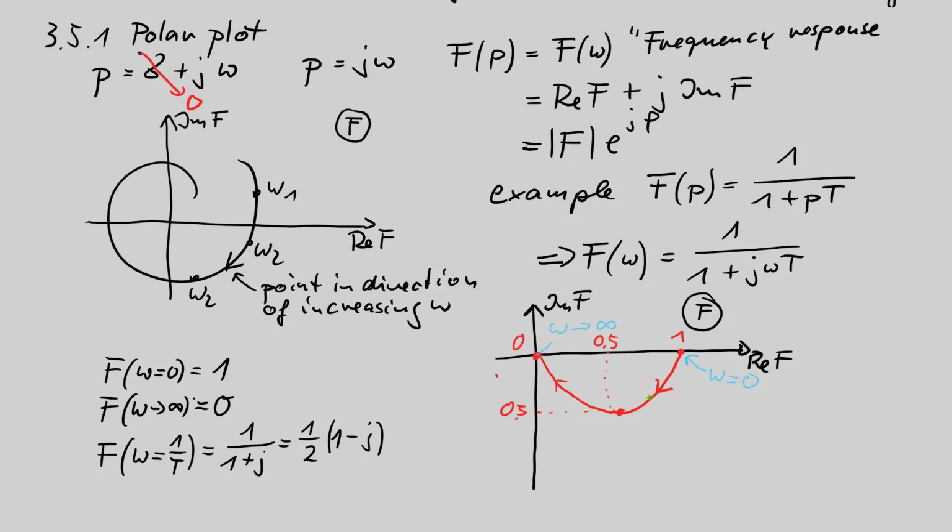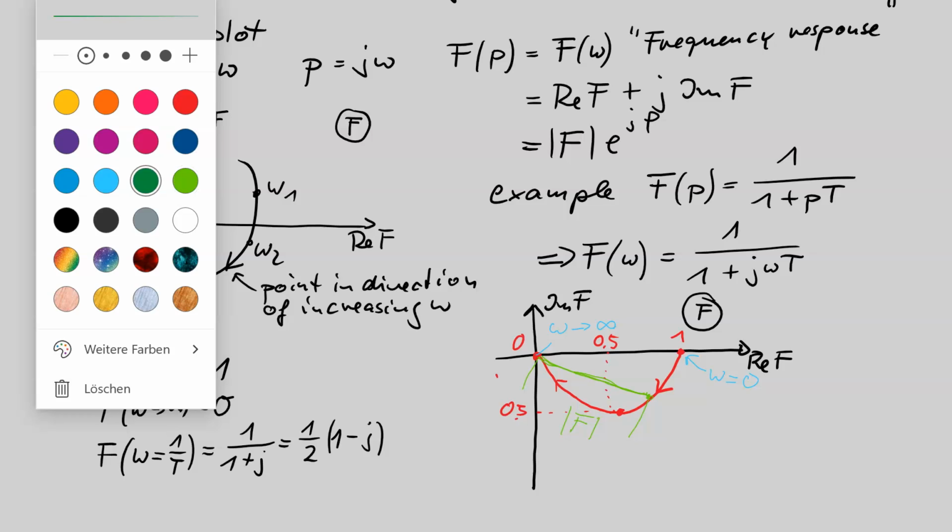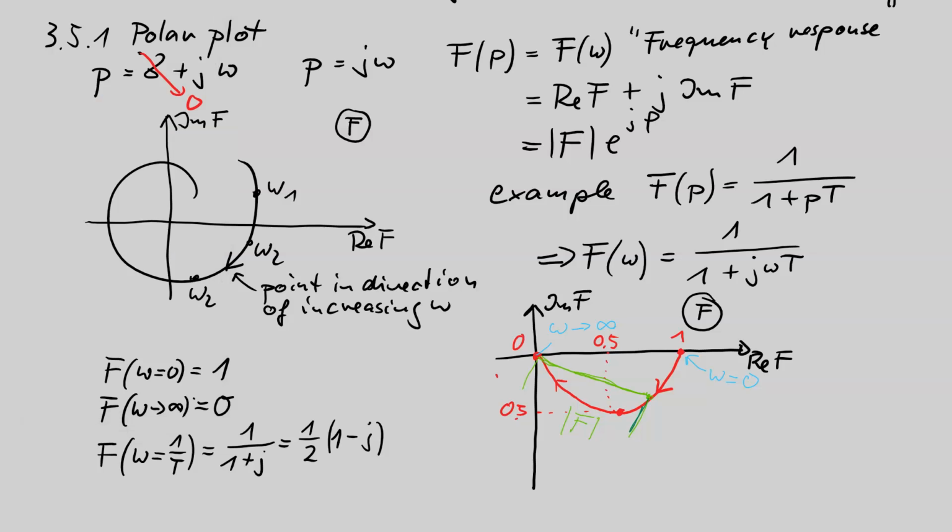Assume we have here a point, then the connection to the origin, if you draw an arrow from the origin to this point, then the length of this arrow is the magnitude of F, and this angle is the phase phi.